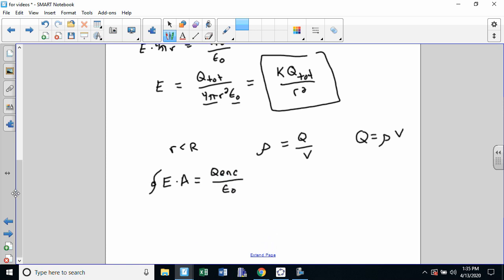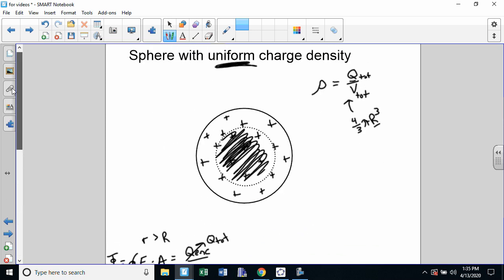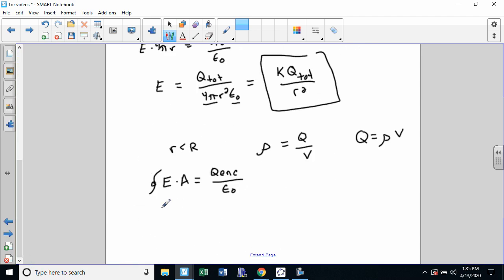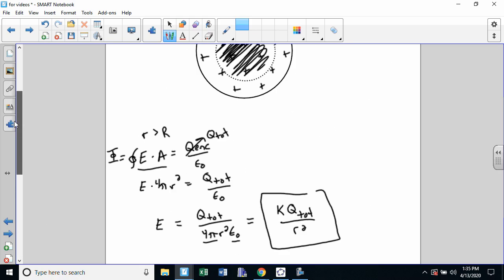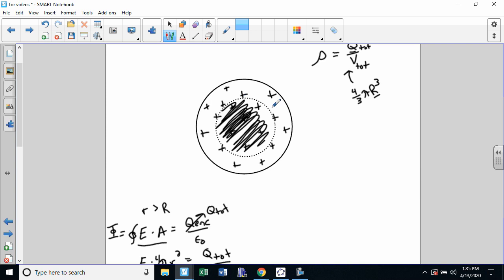Again, the electric field and the area vector are going to be parallel everywhere along the surface of my Gaussian sphere because we've got spherical symmetry. So this left side, again, is just E times 4 pi r squared. But again, r must be less than big R for this condition. Charge enclosed: how much of the charge am I getting inside of that sphere?